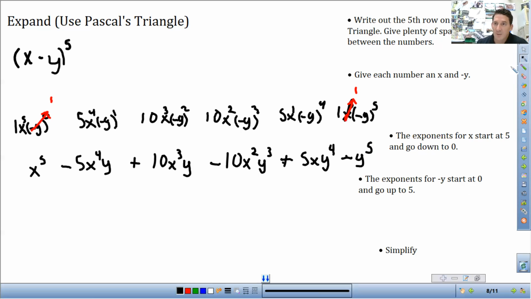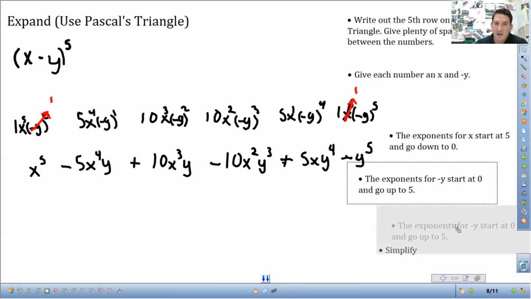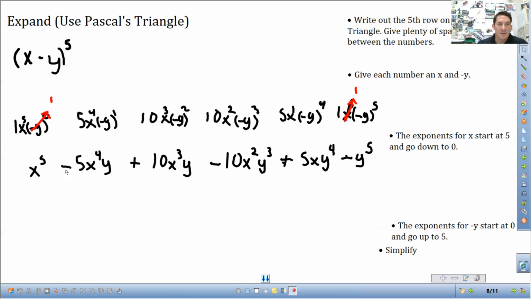What I want to point out, a couple things. If you have a negative in there, it's going to alternate positive and negative. Usually your first one is going to be positive, but I shouldn't say it's always going to be positive. It depends. When you have a negative in there, it's going to alternate.